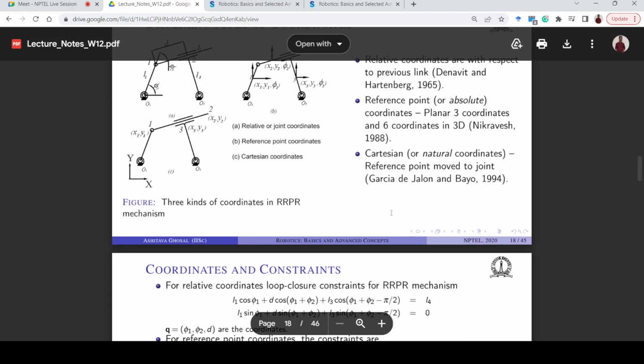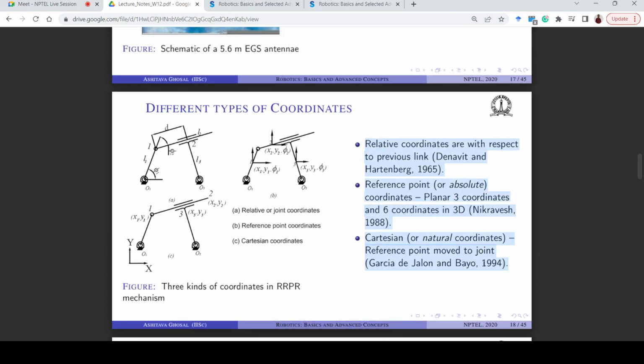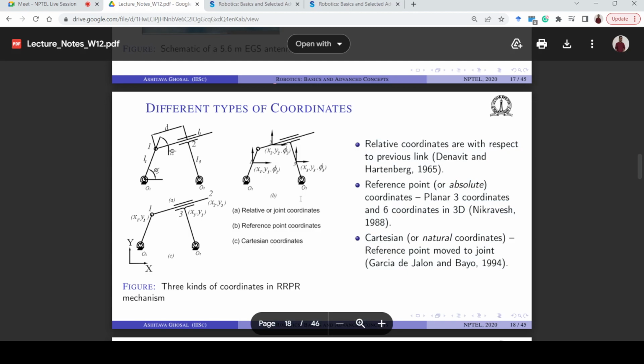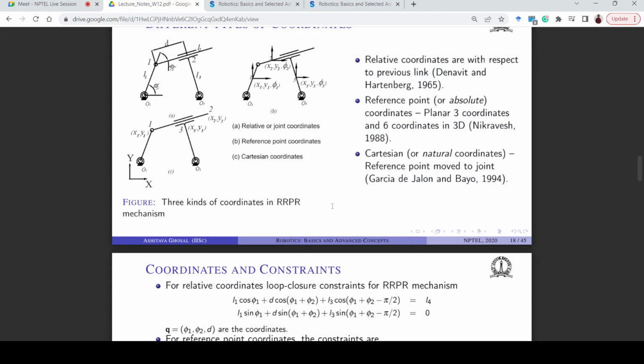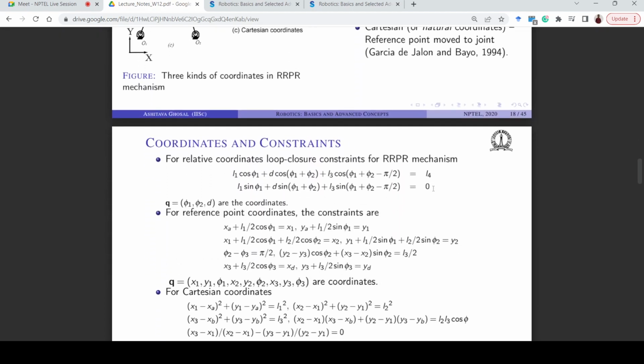Again, when you choose any of these coordinates and try to write the kinematic equations for these systems, they will lead to some loop closure constraints in all of them. The number of these constraints is what leads to them being over constrained, because the number of constraints is more than the theoretical number of degrees of freedom of the robot.